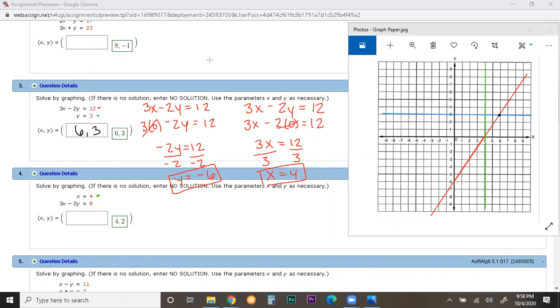Now let's look at our second equation. Let's do this purple. So with this equation, if I look at the 8, then we have 3 and 2. 3 and 2 are not multiples of 8.